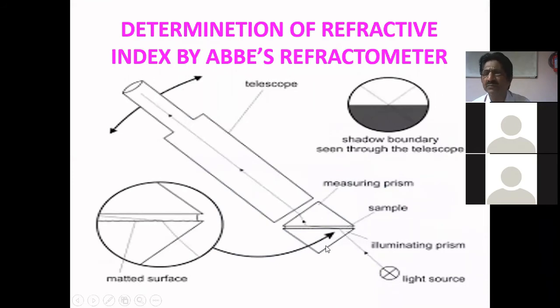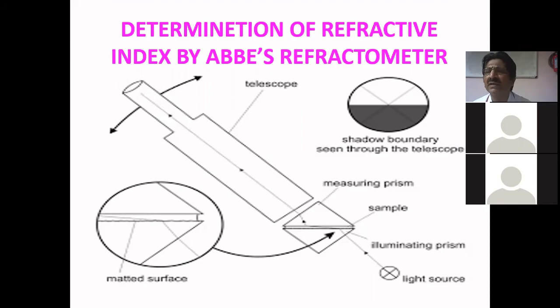There is a lower prism and an upper prism, and between these prisms we keep the sample of the liquid. This is the telescope, which is important. Using this simple principle, we determine the refractive index directly.